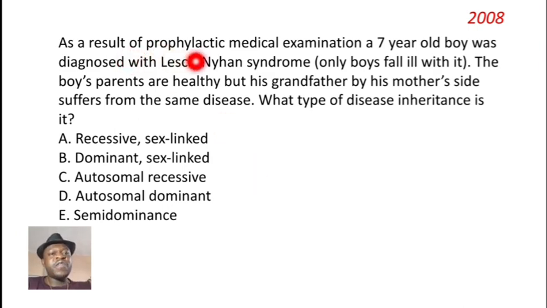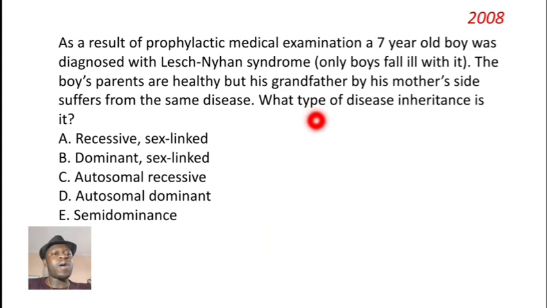As a result of a prophylactic medical examination, a 7-year-old boy was diagnosed with Lesch-Nyhan syndrome. This one affects only boys. The parents are healthy, but the grandfather on the mother's side suffers from the same disease.